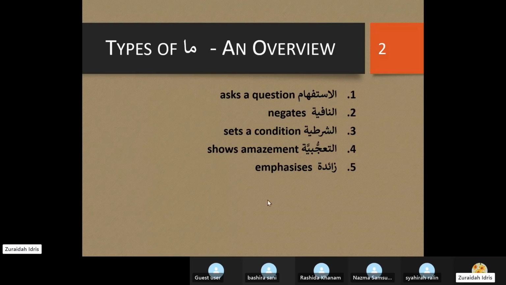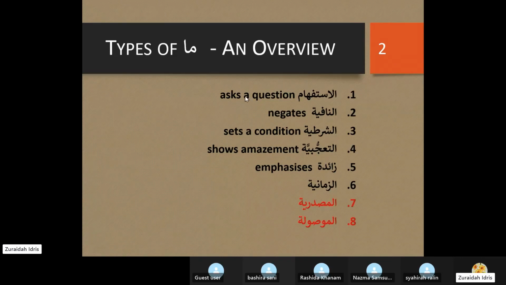We have something called zamaniyah, it tells you time, and you normally translate it as long as, much as. And then we have, of course, masdariyah and mausula.